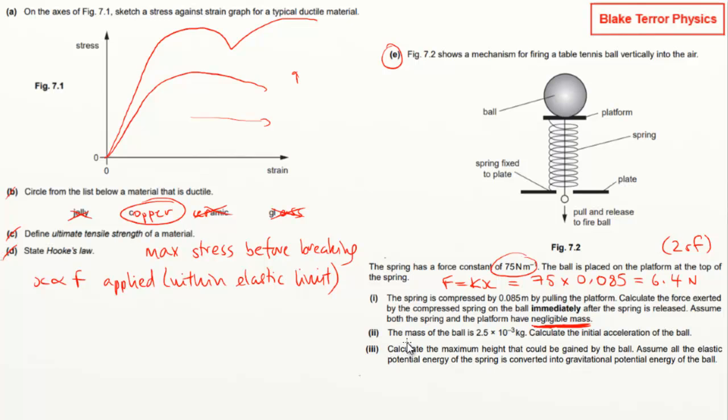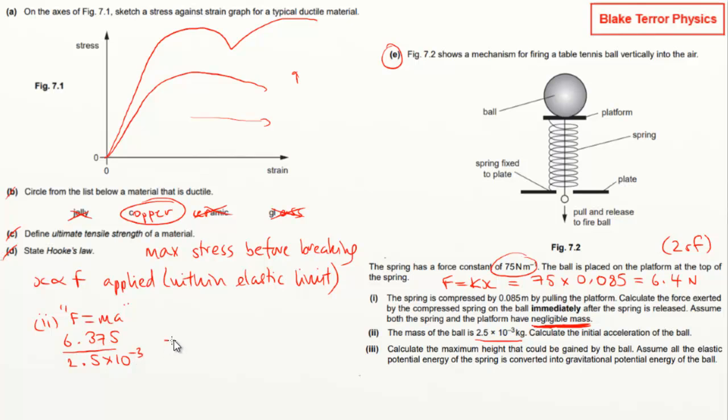The mass of the ball is not a lot. It's 2.5 times 10 to the minus 3. Calculate the initial acceleration of the ball. Okay, so we're now doing our F equals ma on this. We've got the force, which was 6.375. Divide that by the mass, which is 2.5 times 10 to the minus 3.